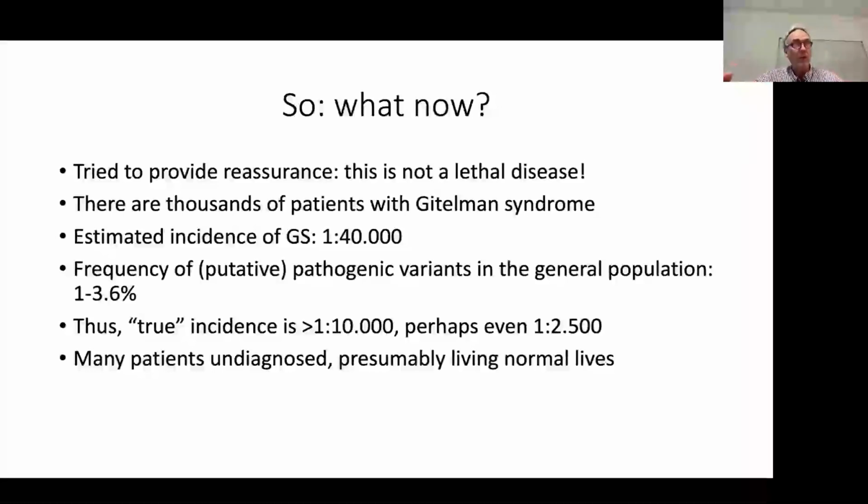So most likely there are hundreds of thousands of patients with Gitelman out there in the world who have never heard about their diagnosis and are going through their life without any apparent problems. Otherwise, they probably would have come to the doctor to get their bloods checked. So many of these patients live happily with their abnormal electrolytes unknown because they don't know about the diagnosis.